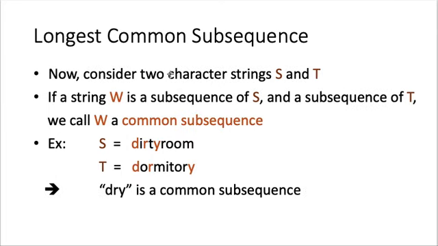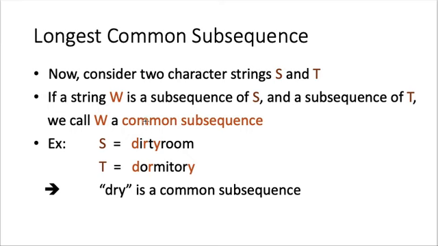Now, let us move on, and this time we consider two character strings S and T. Suppose that a certain string W is a subsequence of S, and also this W is a subsequence of T. Then in that case, W will be a common subsequence of them.